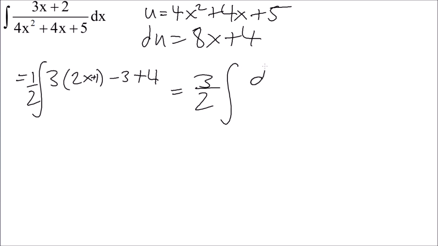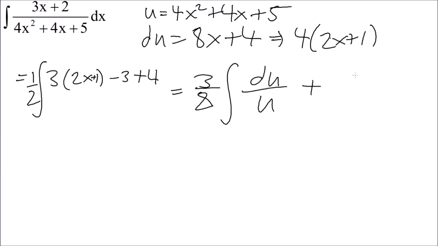This is du. This is 2x plus 1. So I'm dividing by 4. So it should be 3/8 over u plus 1. 2x plus 1 square plus 4.